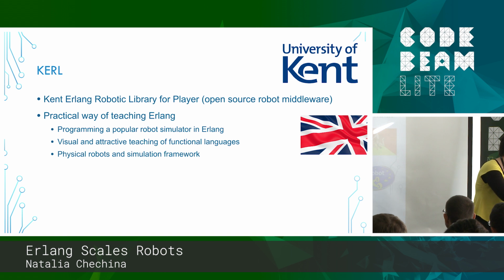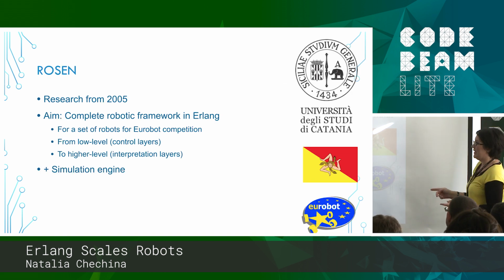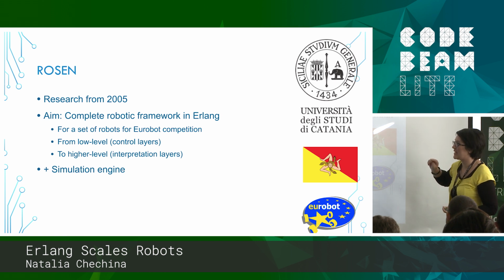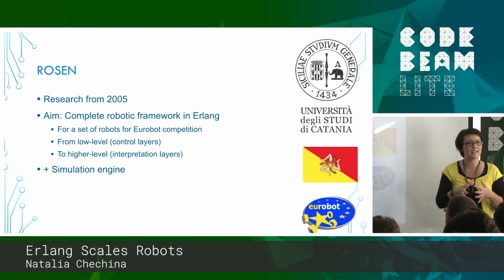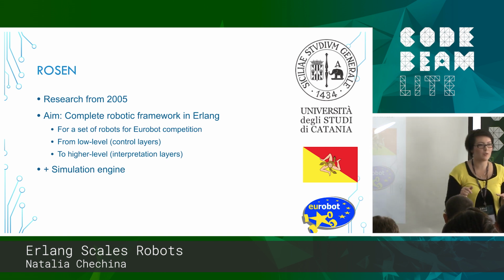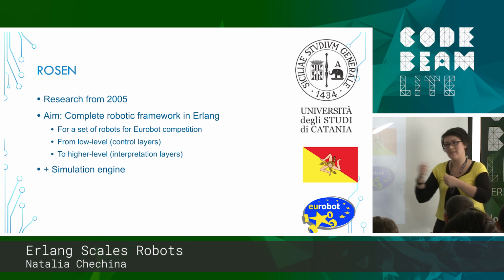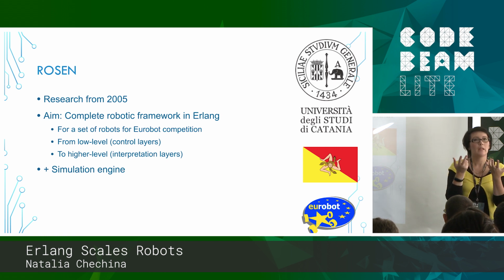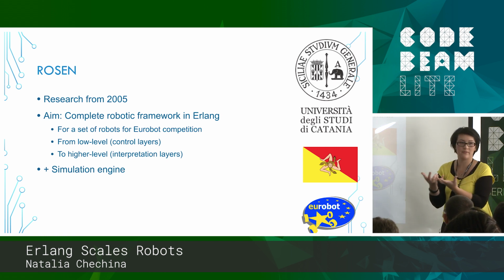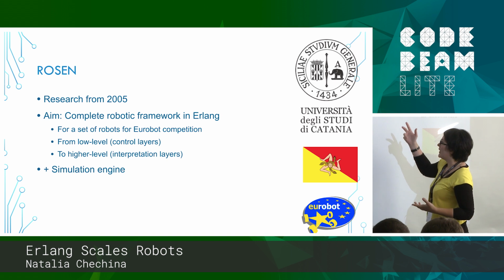So that's Curl. There was Razan, and Razan is from the University of Catania. Their specific aim was that they had a team of robots that played football. Probably you heard about Eurobot. Those robots play football, and they wanted a completely new operating system for them.